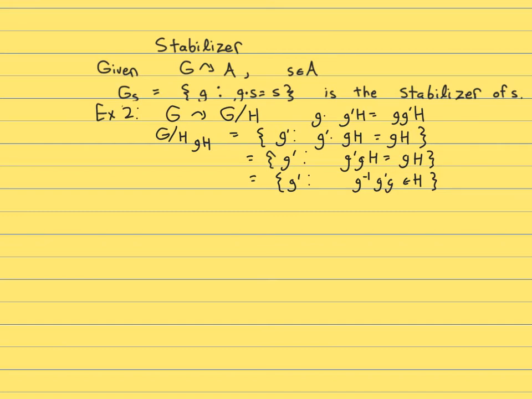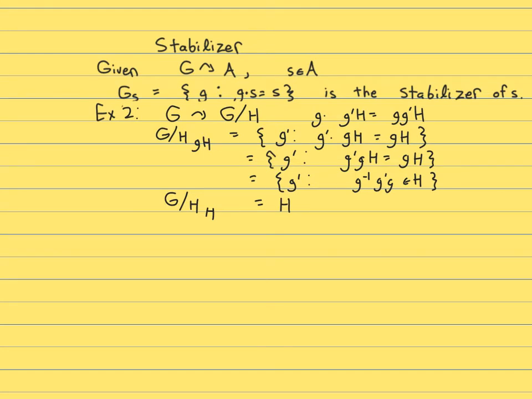And so we get a condition. It is a bit of an interesting one, so this is about as far as we'll be able to take it, because it actually depends on the choice of g. But it's those elements such that when you conjugate by g inverse, you end up in H. In particular, if you actually choose g to be the identity element, we see that we actually end up with elements in H to begin with.